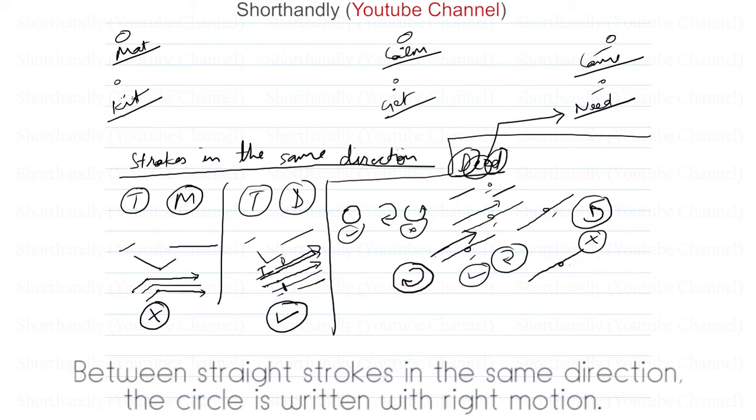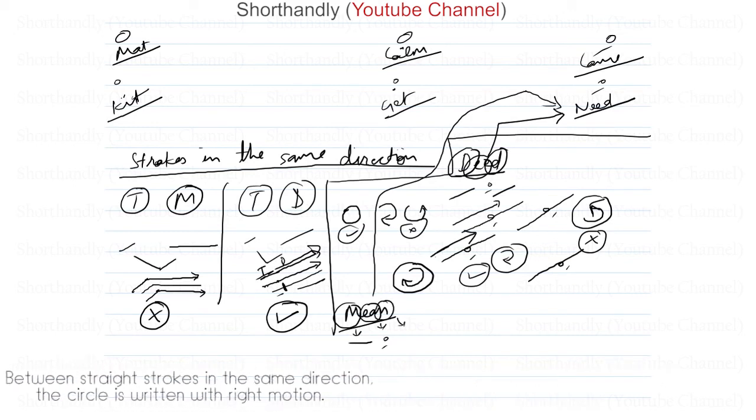Now let's take some more examples. Suppose we have a word called mean. First the M character like this, then we have the E vowel, which is very similar to this one, as in need, so we will make the E vowel like this. Then the N character goes like this.